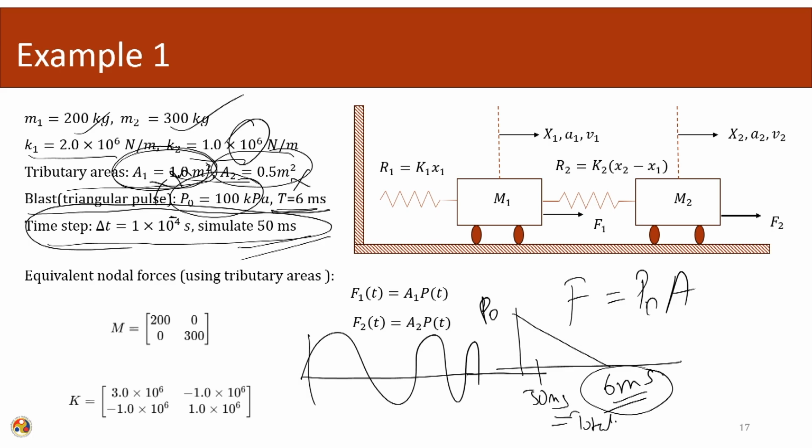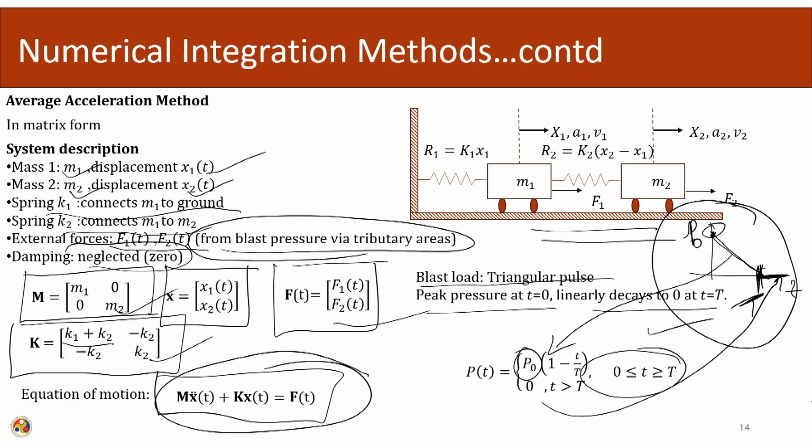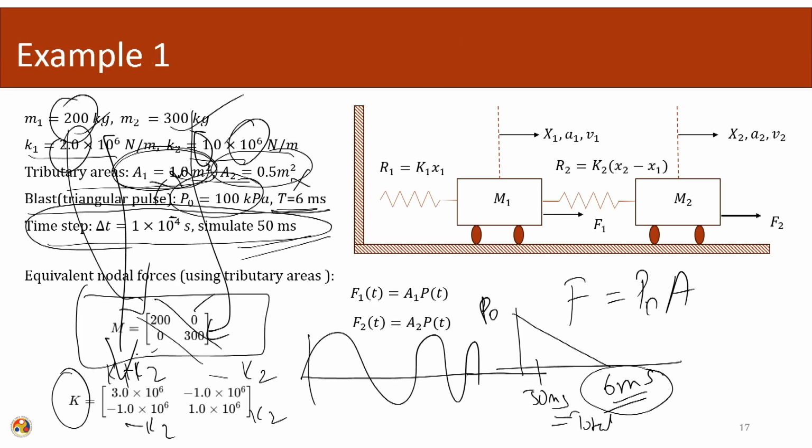Then we make the mass matrix, a diagonal matrix where the off-diagonal terms are 0. So, 200 comes here, 300 goes out here. Then the stiffness matrix: k1 plus k2, which is 2 plus 1, 3, then minus k2, minus 1, minus k2, minus 1, and k2, 1.